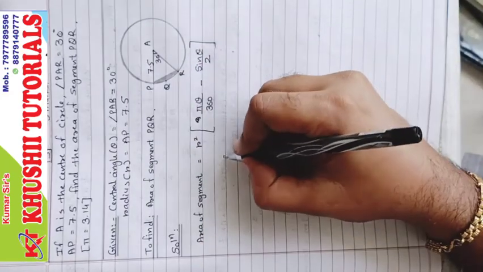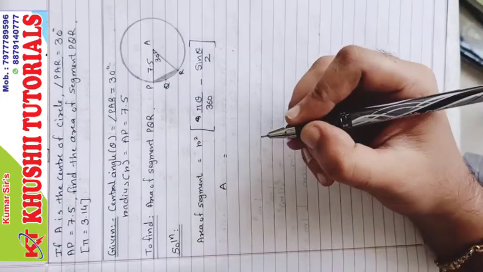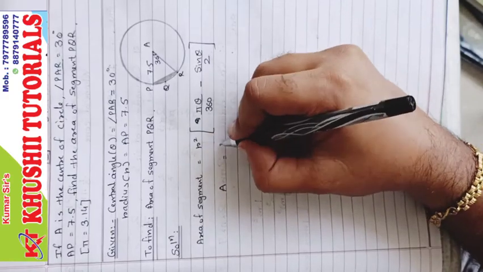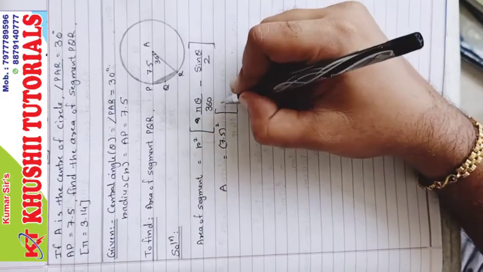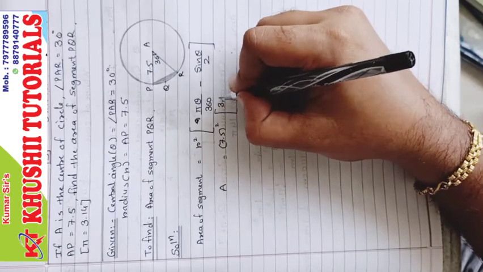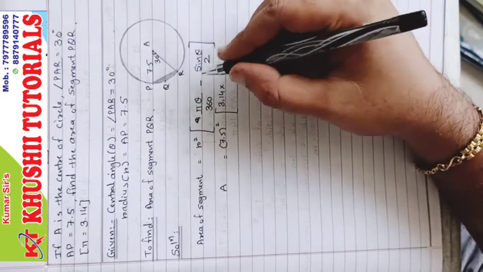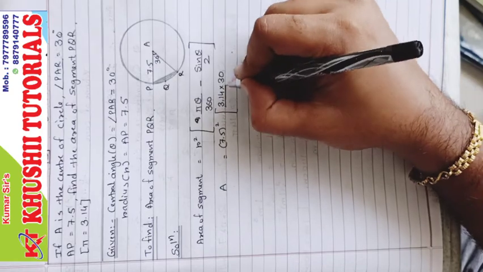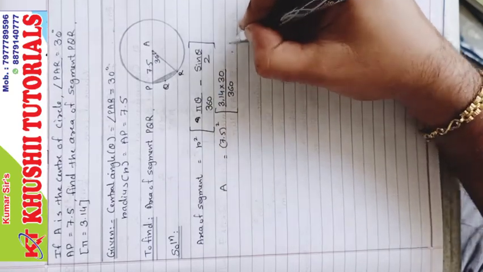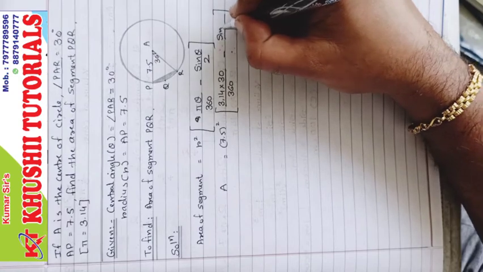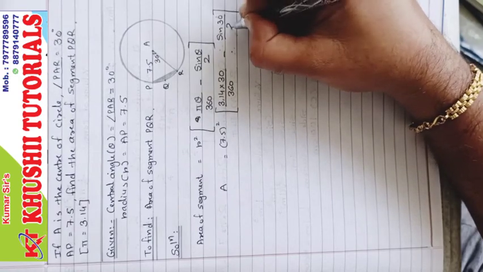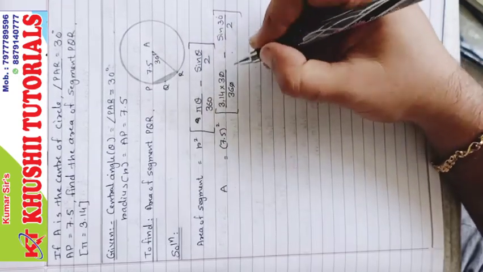This is the formula. Now area we will assume to be A. Radius is given 7.5 square. Pi value is given 3.14. Theta is given 30 upon 360 minus sine theta is sine 30 degree upon 2. 0 0 will get cancelled.